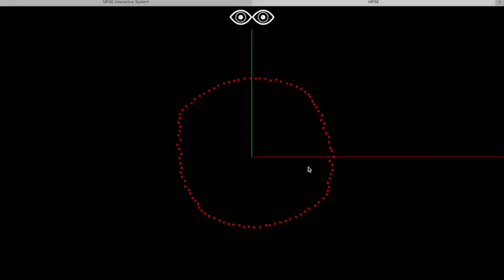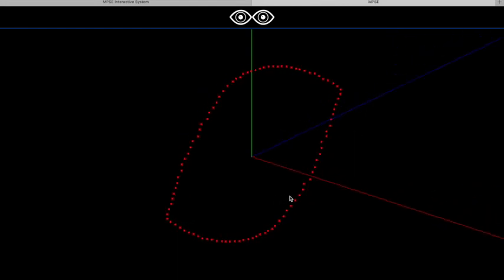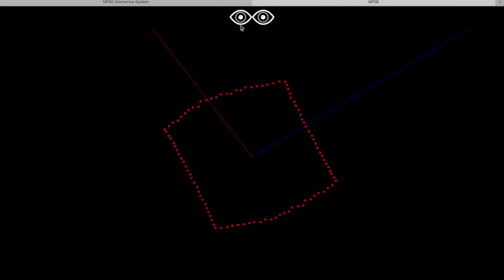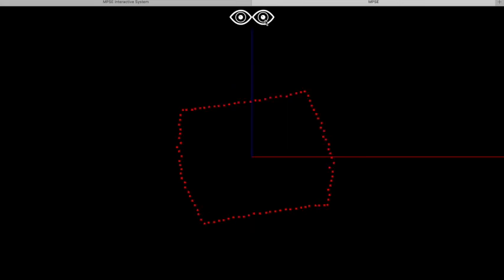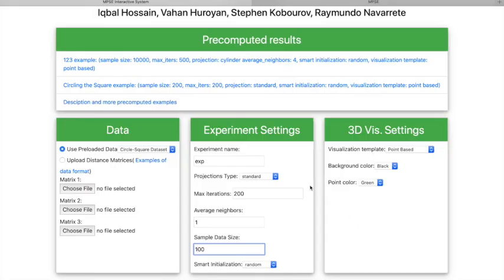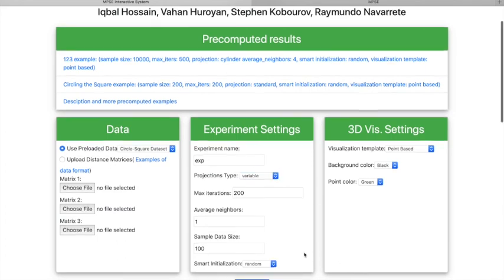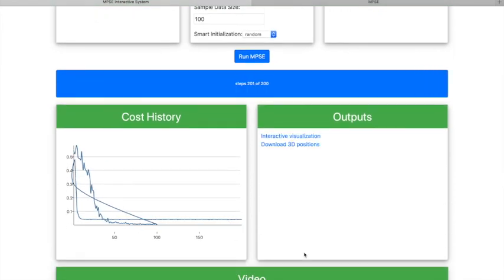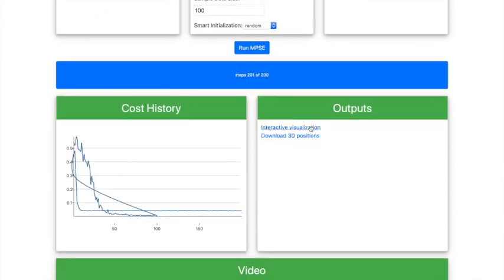We check the output, and for the varying projections, we check the output.